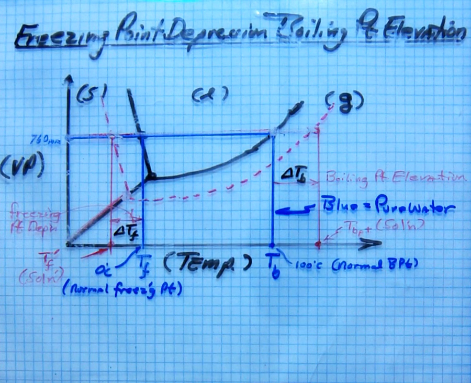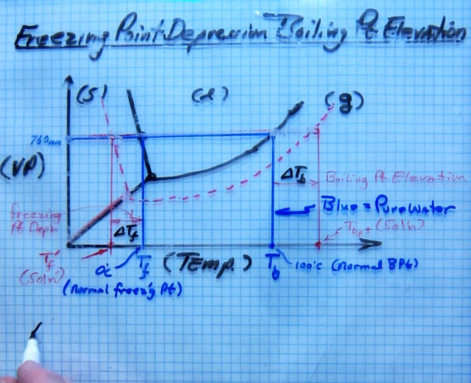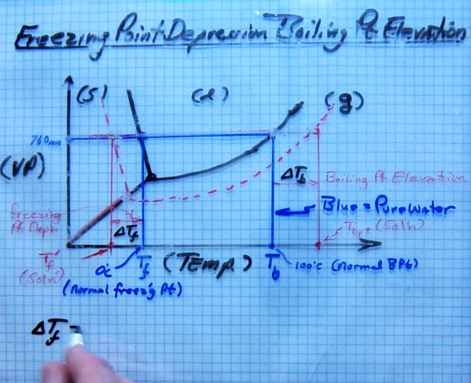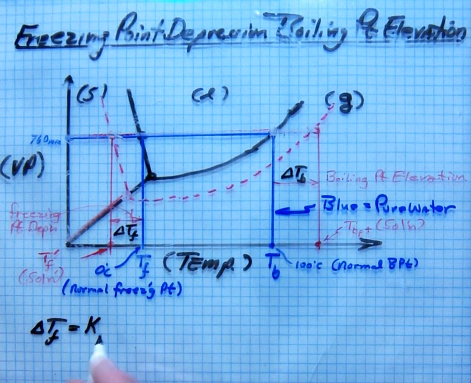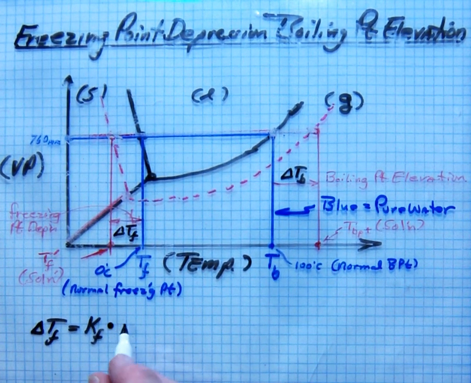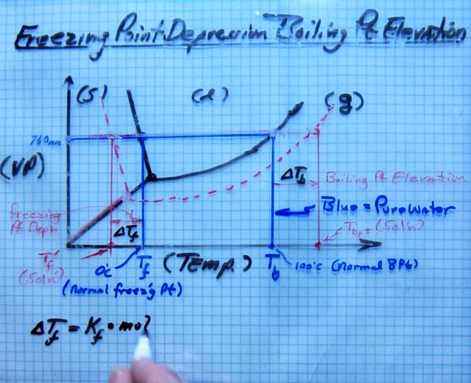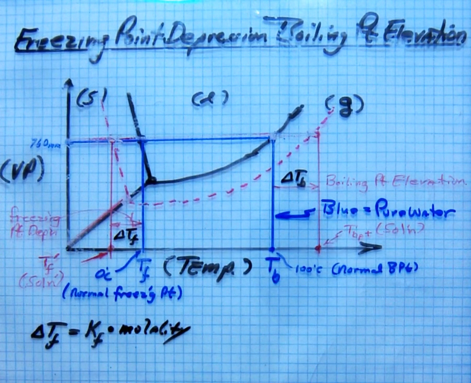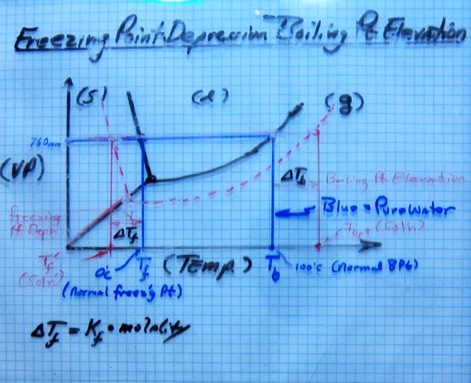Now, each one can be calculated using a very, very simple formula. The delta T, the change in freezing point, is a freezing point depression constant, K, for water, times the molality, concentration in terms of molar system.